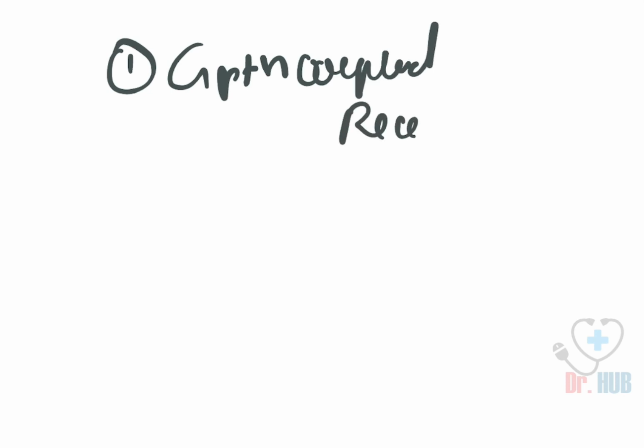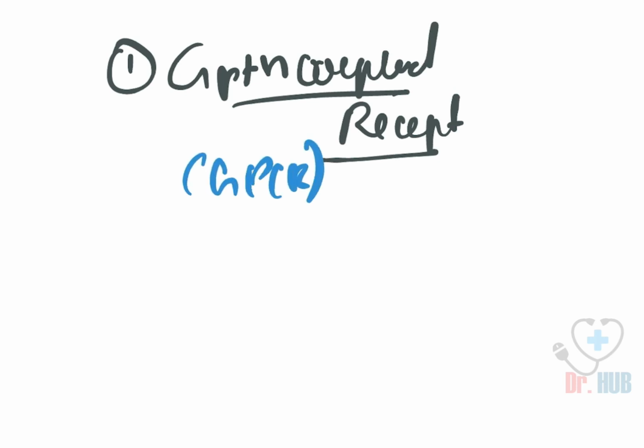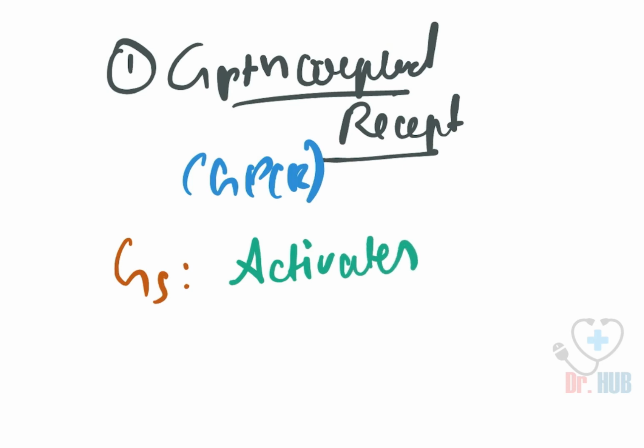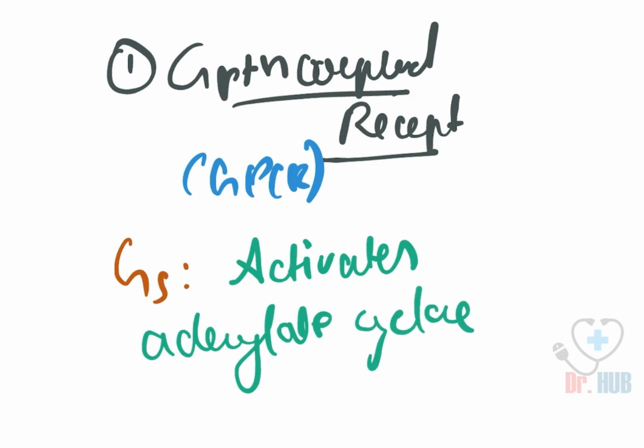First one, in case of the G protein coupled receptors, also known as the GPCR. In case of the GS, the effect is that it activates adenylate cyclase.